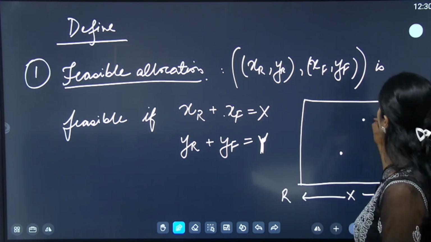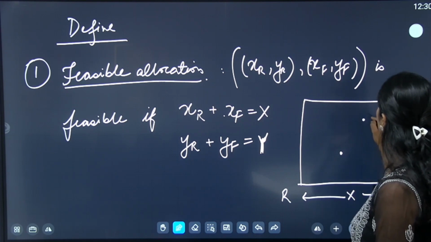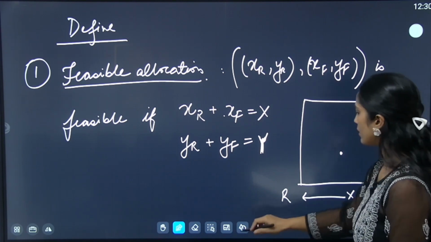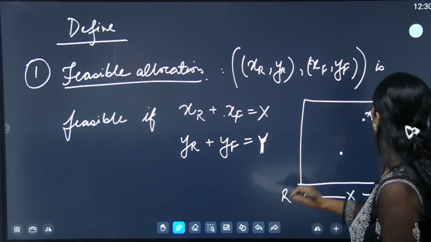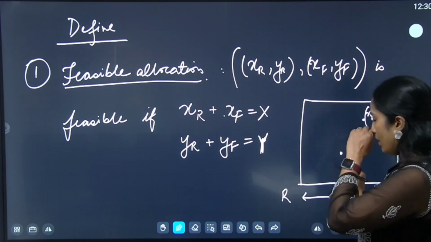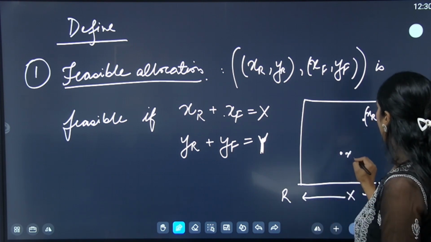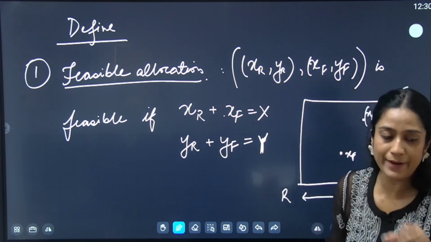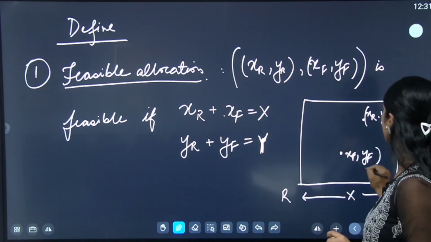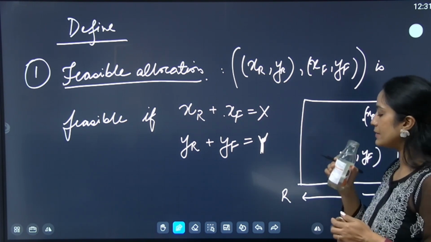This is Rahul's allocation, XR and YR, and this is XF and YF.